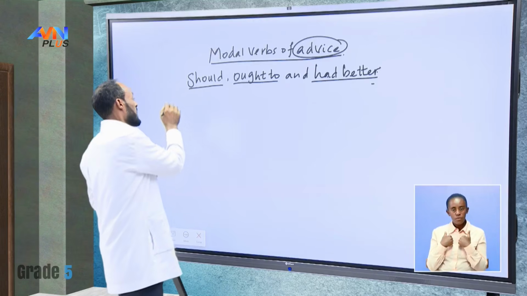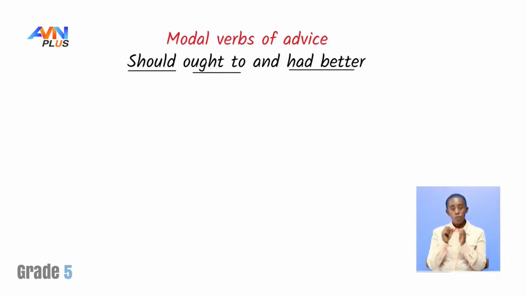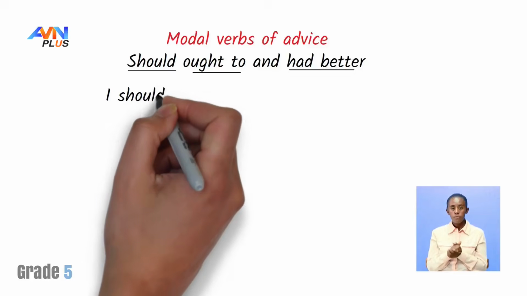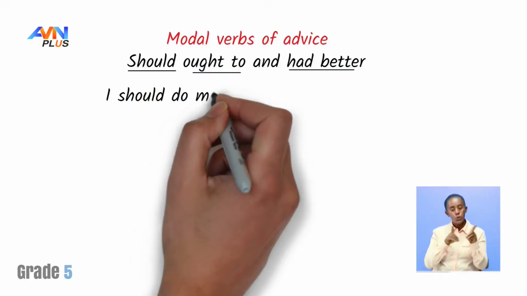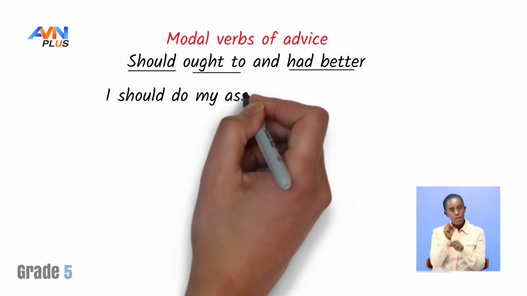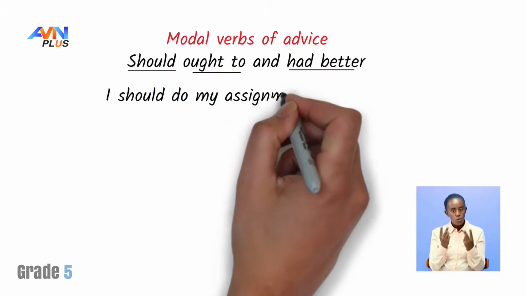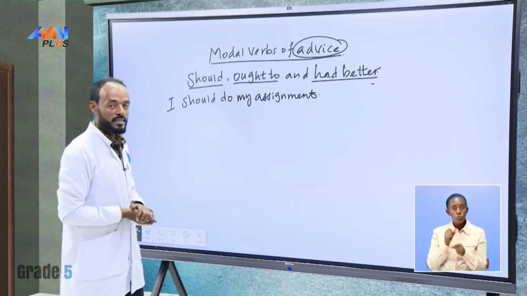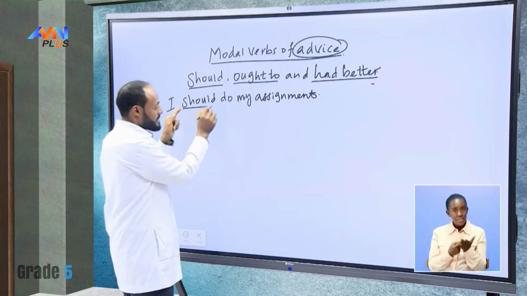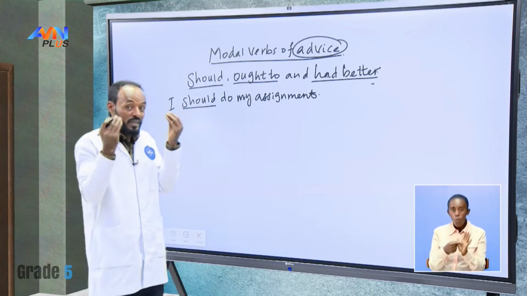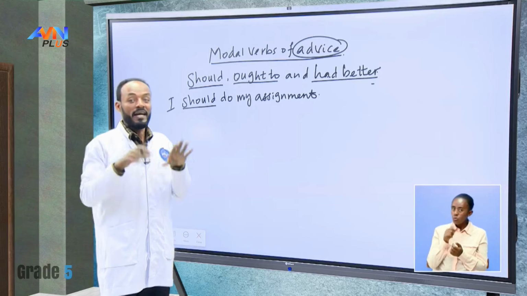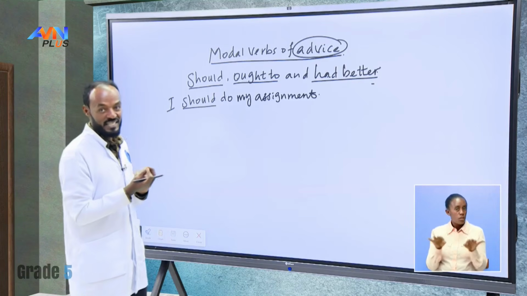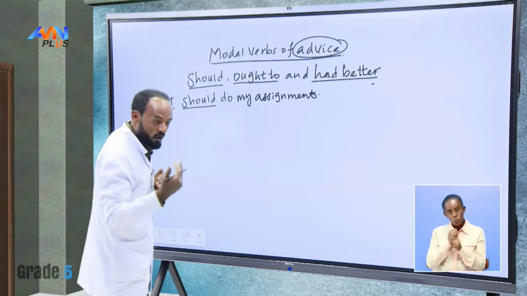Here, for example, I should do my assignment. When we say it, it shows that you are talking about yourself, and you have to do it. It is very important, a necessity, okay? It's necessary to do my homework.